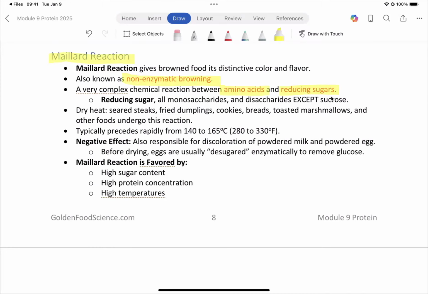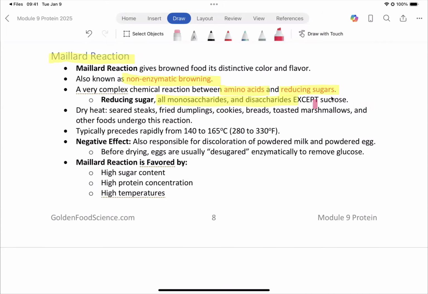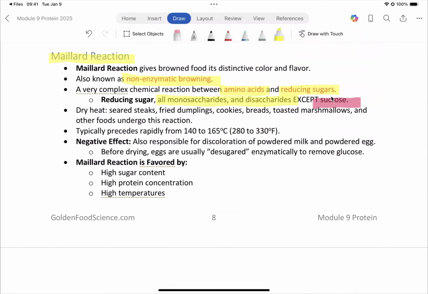And the reducing sugars have to do with a free double bond on an oxygen. But what we need to know about that is that all sugars, all monosaccharides and disaccharides, are reducing sugars except sucrose. Except sucrose. Sucrose is table sugar.